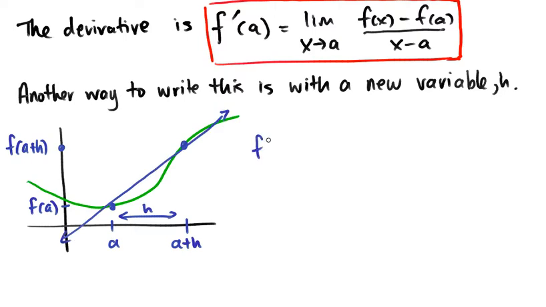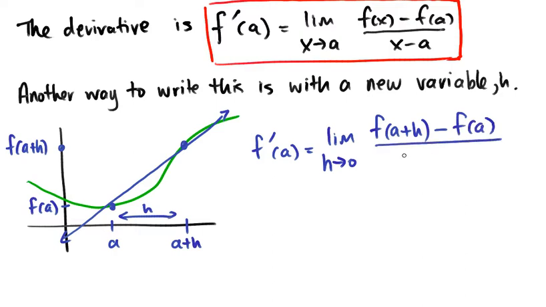So our derivative at point a is the limit, and now h goes to 0. So we shorten the distance of h until a plus h is essentially right next to a, and we have f of a plus h take away f of a, the difference in the y values, compared to the difference of the x values, which is just h.